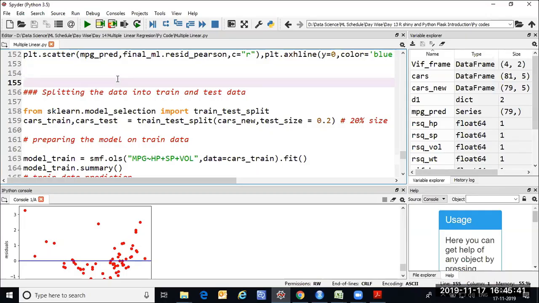Now, let's talk about data partitioning. Did we talk about it? No, right? Just pay attention here, friends.